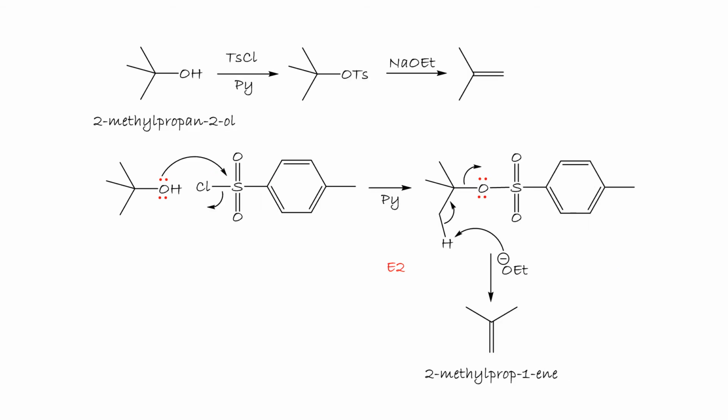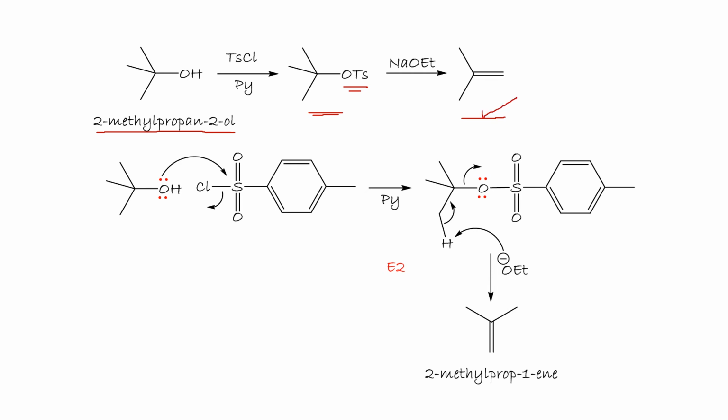Again, we can achieve the same reaction, 2-methylpropan-2-ol to isobutene, via first tosylation to get a good leaving group, then react this alkyl tosylate with a base like sodium ethoxide to get the ene.